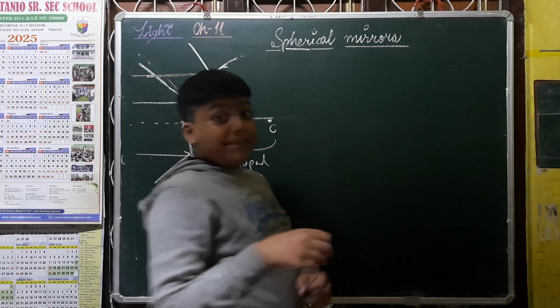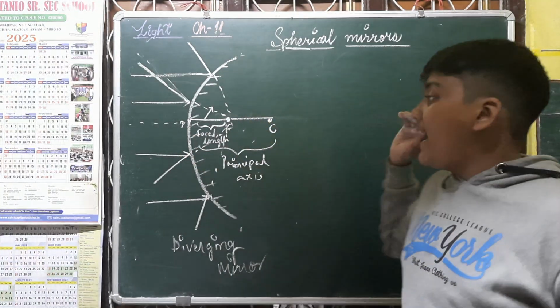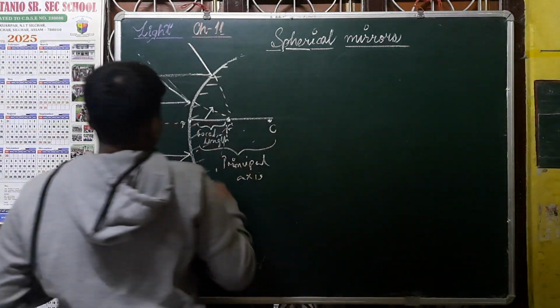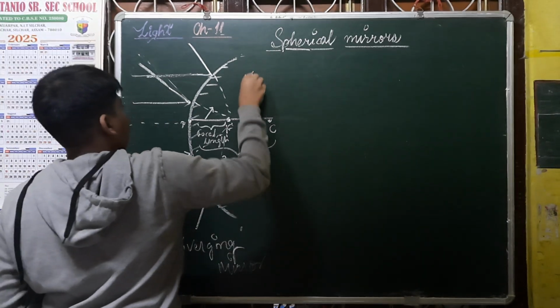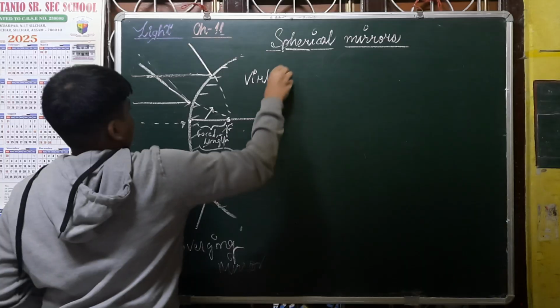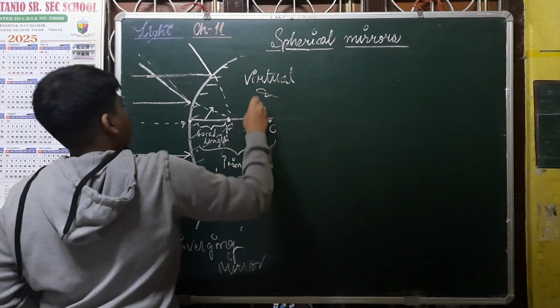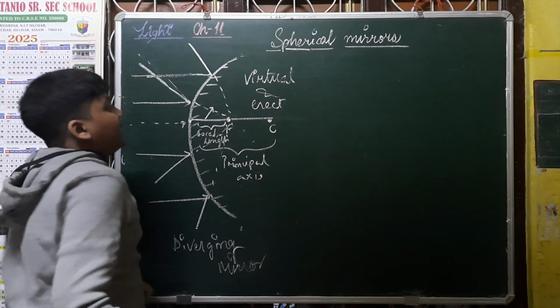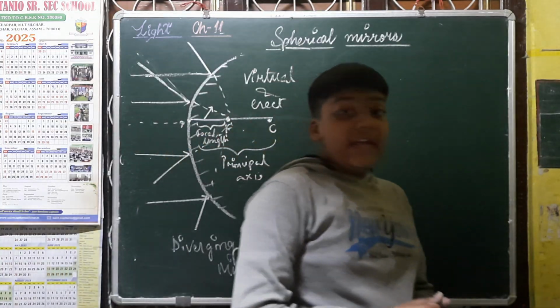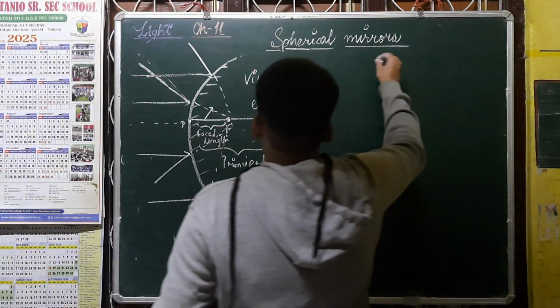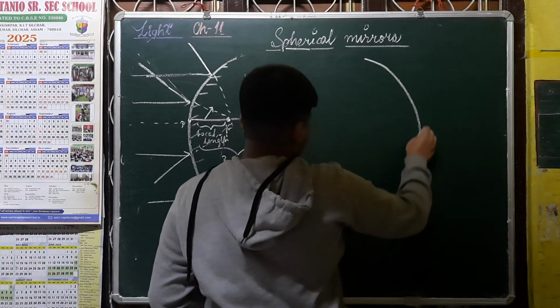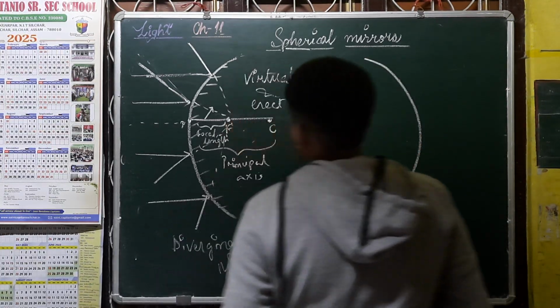It will appear to meet, and when the light rays appear to meet, then the image formed will be virtual and erect. But when the light rays will really meet after reflection, then it will be a real image.